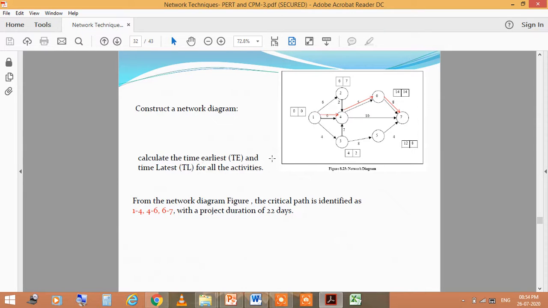Calculate the earliest time and latest time for all the activities. From the network diagram, the critical path is defined as 1 to 4, 4 to 6 and 6 to 7, from source to destination, with a project duration of 22 days.